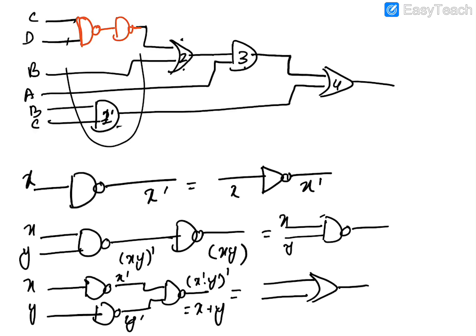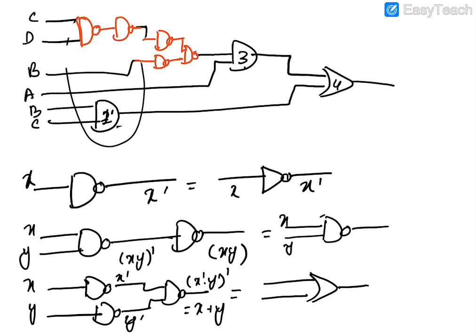Now we will eliminate the second gate, which is basically the OR gate, and we will draw the equivalent of OR gate like this.